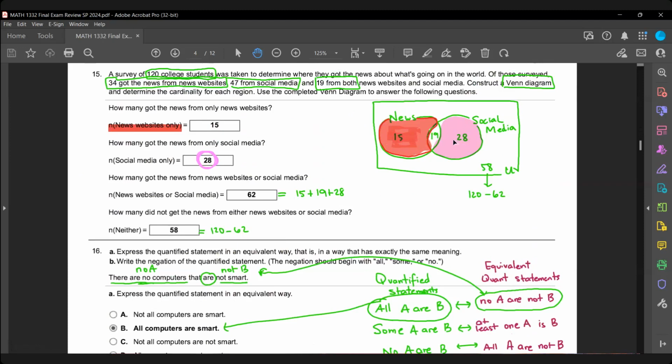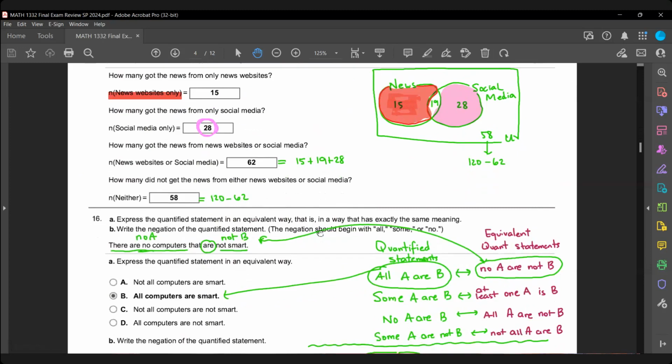Either they get it from here or here. So adding these three numbers, we get 62. If we now look at this 58, that will be the number of students that do not get their news from either this set or that set. 120 minus this 62 gives 58.